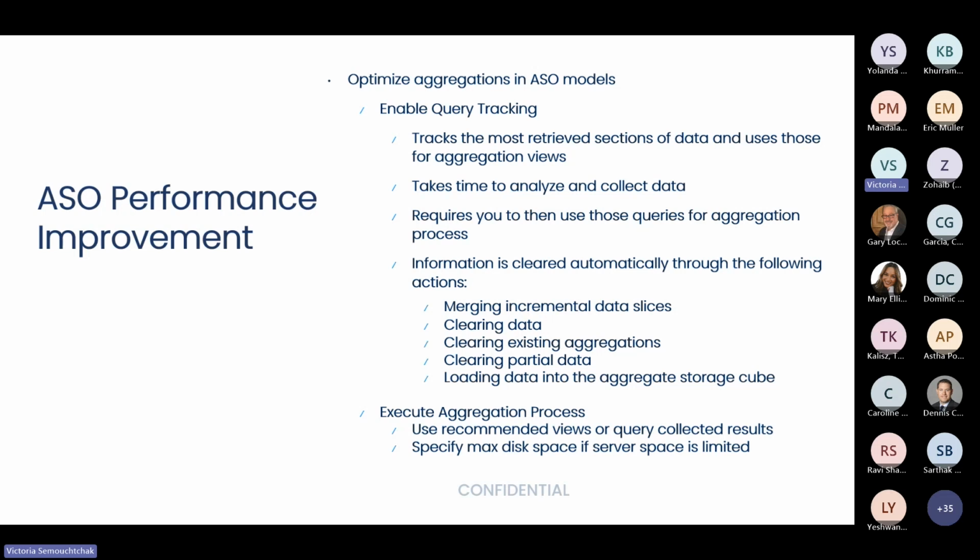Now, the quickest way is, of course, to use recommended views. And what you're doing is just pre-aggregating some slices of data for the end user. But query tracking, it depends if the recommended views are not giving you enough results. Query tracking might be more helpful.